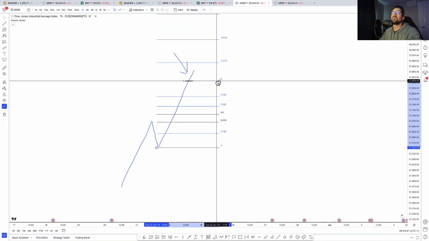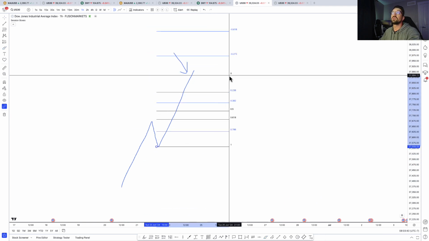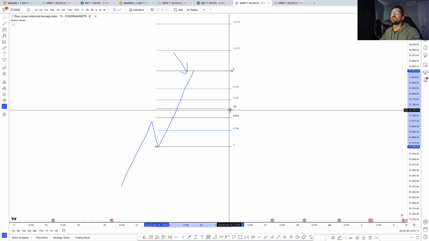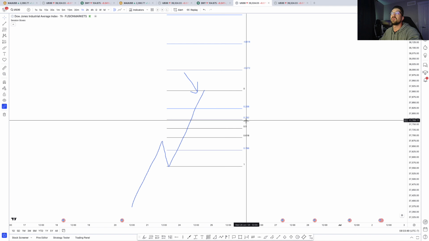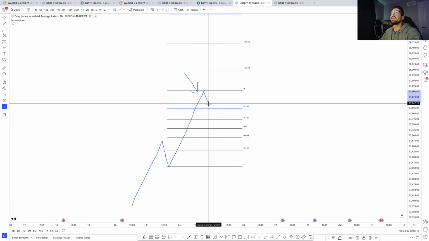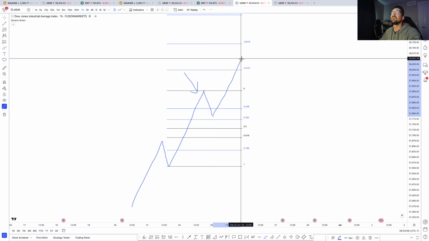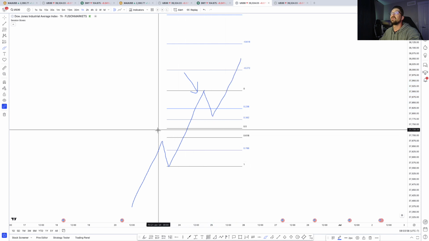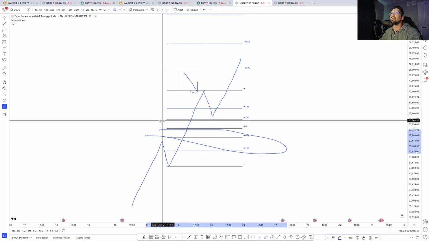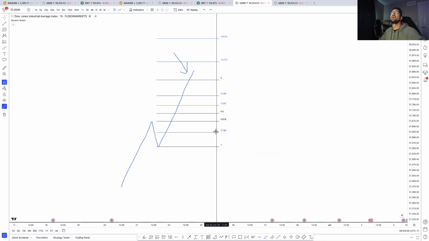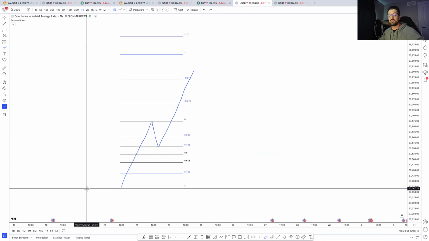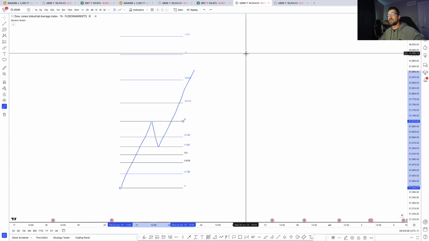So this is telling me the market's trending. So when US 30 and gold trend, they generally don't come back to the 50. They're above the 50, more around the 382 or 236 mark. So when you have this kind of knowledge at hand, you expect not to wait for price to come down here. Instead, you look for price to react here. I'll show you an example in gold. It'll kind of make sense.